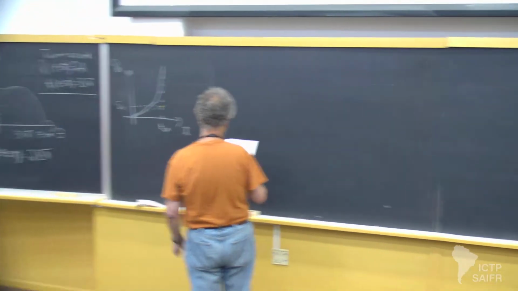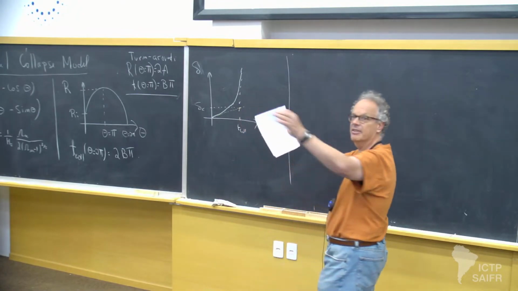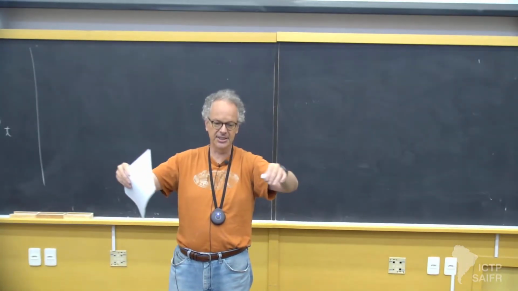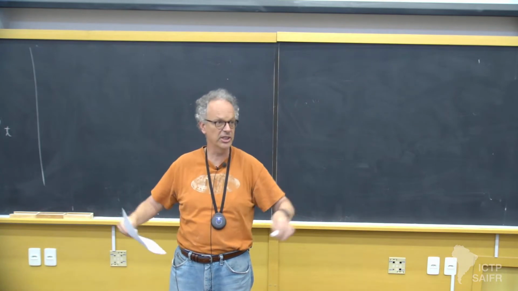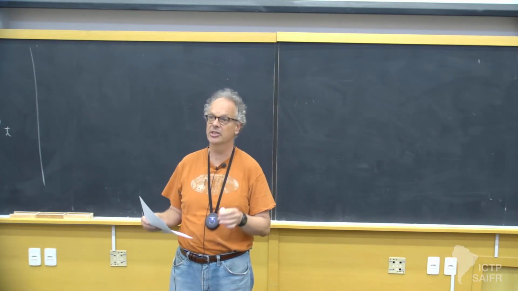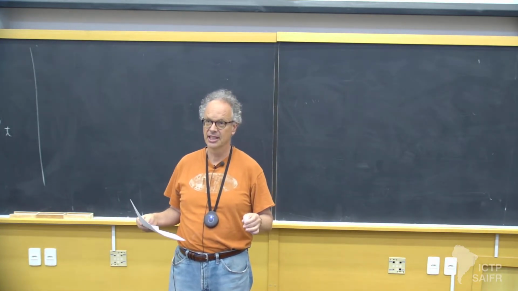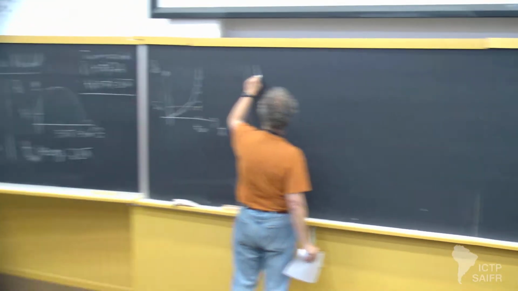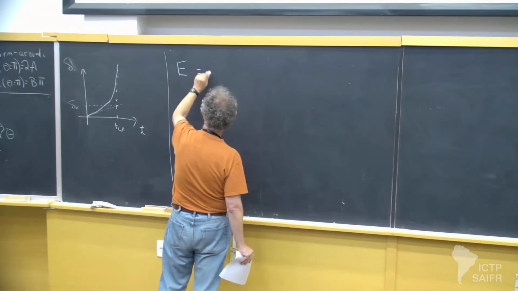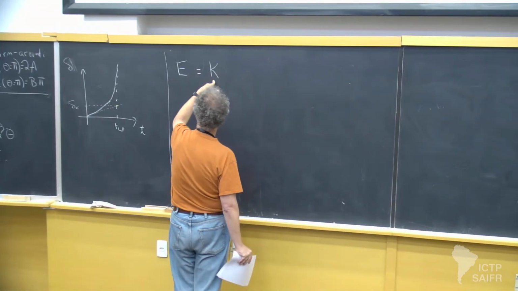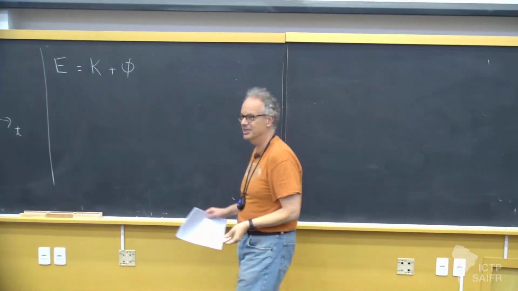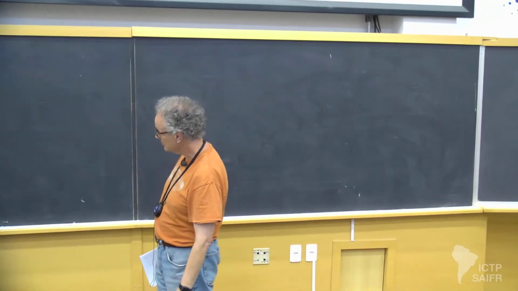So first of all, imagine that you have a system of galaxies, say, or halos, whatever. This system has some total kinetic energy and total potential energy, and energy is conserved. So energy conservation means that E, the total energy, is K, the kinetic energy, plus the potential energy. Just Newtonian physics, very simple stuff.